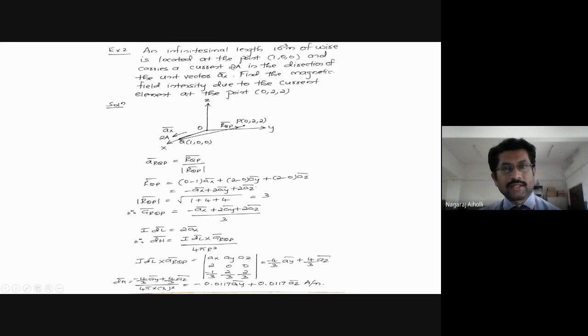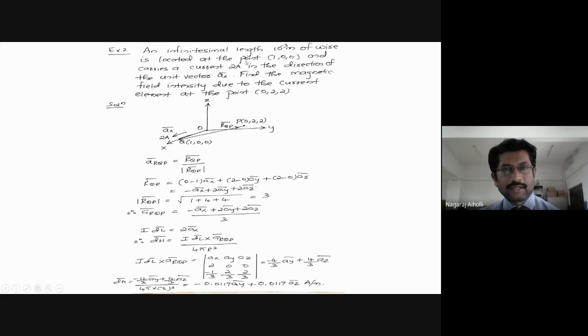An infinitesimal length 10 raised to minus 3 meter of wire is located at the point 1, 0, 0 and carries a current of 2 ampere in the direction of the unit vector ax bar. I'll read it again.